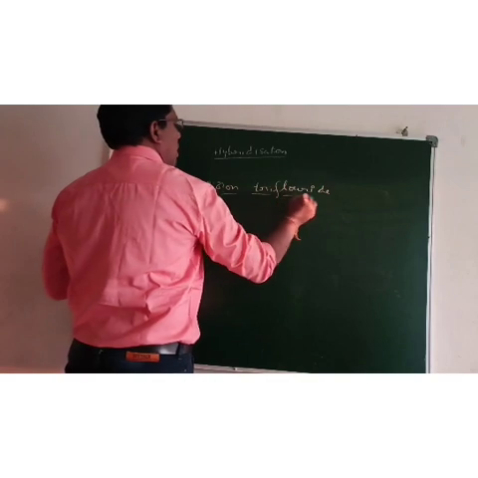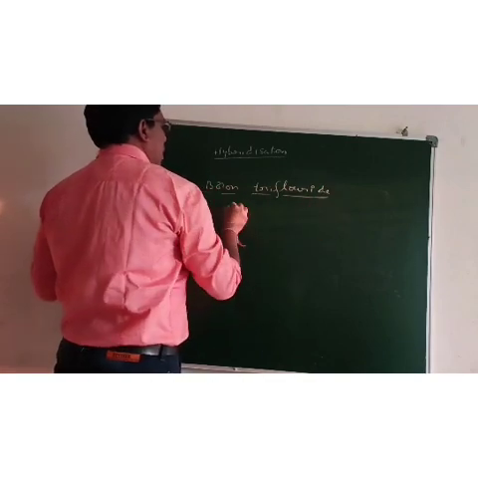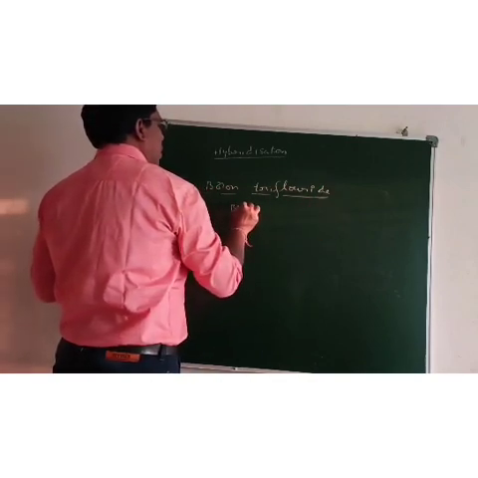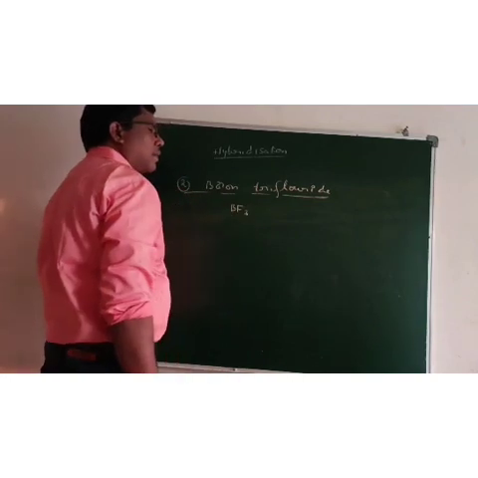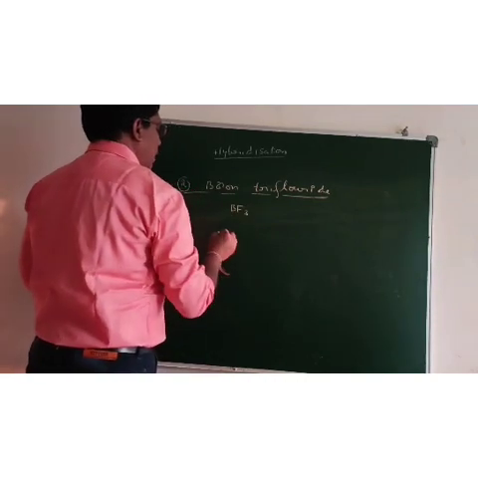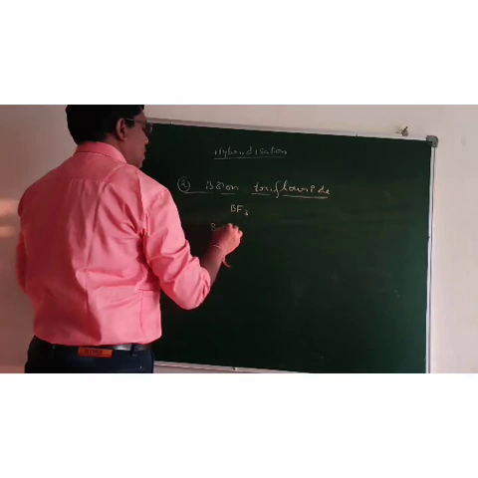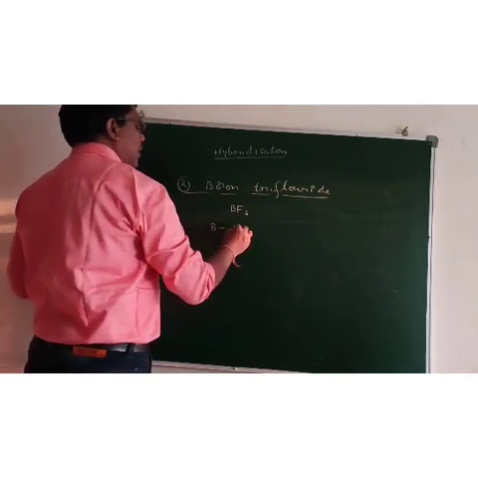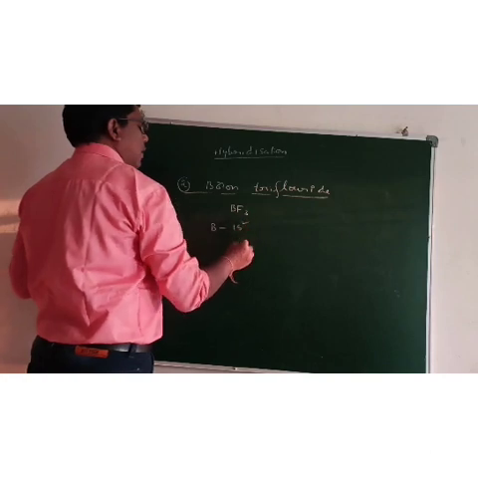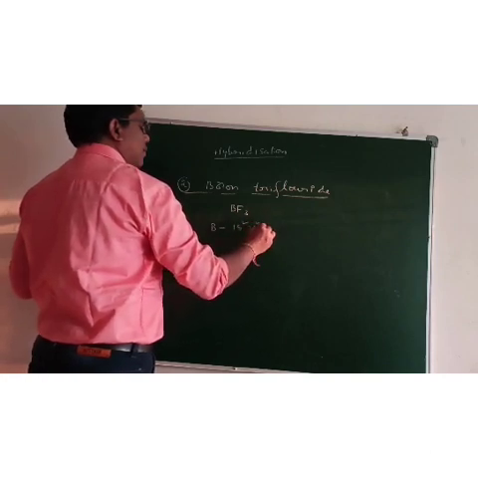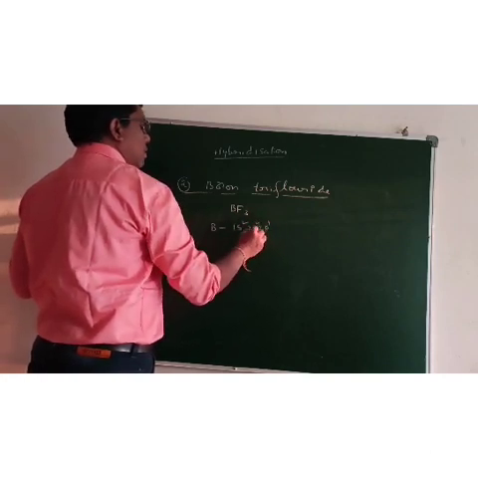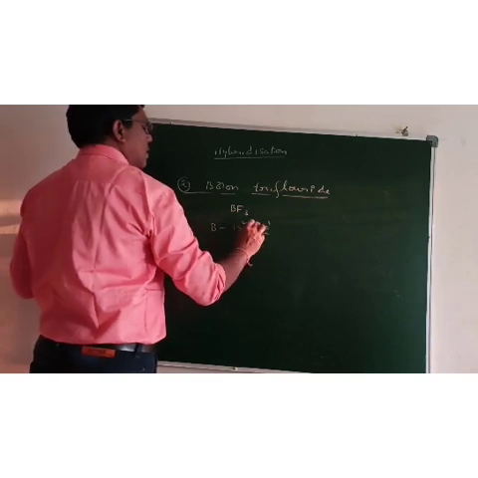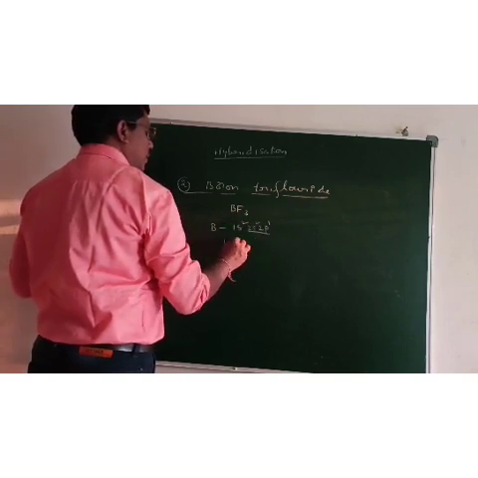Now we calculate the hybridization of the central atom boron in boron trifluoride using this formula. For that, first of all, we write the electronic configuration to know the valence electrons. Boron atomic number is 5, so its electronic configuration is 1s2, 2s2, 2p1. So here valence electrons is 3, V value is 3.